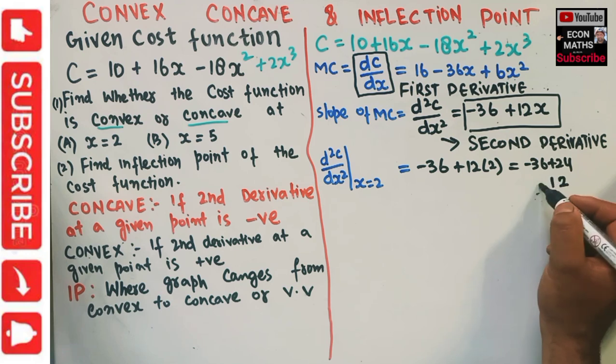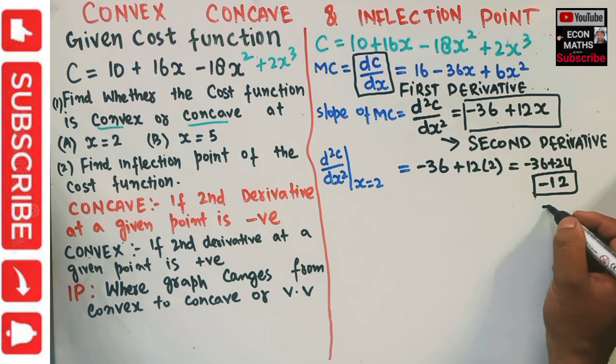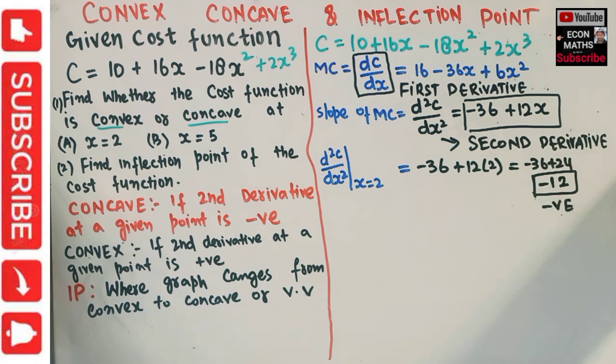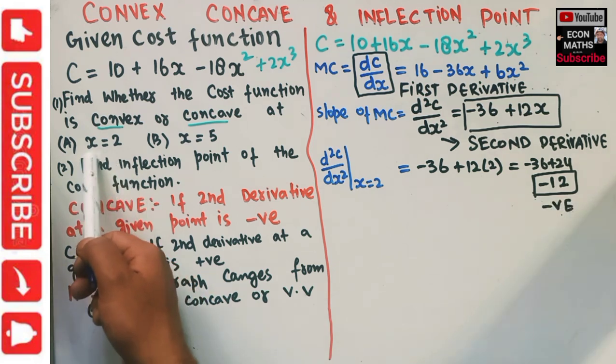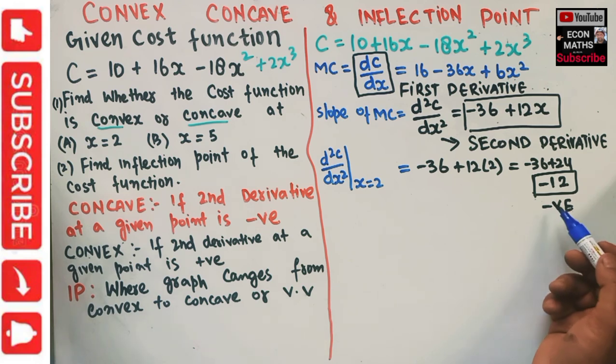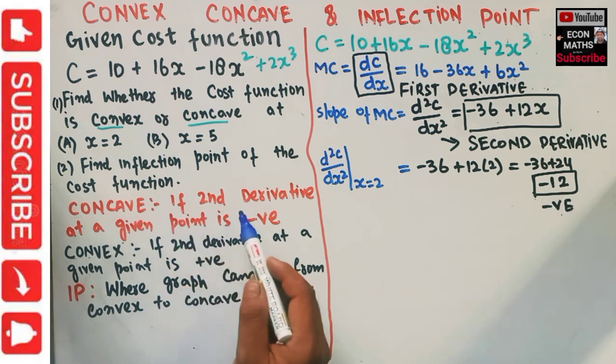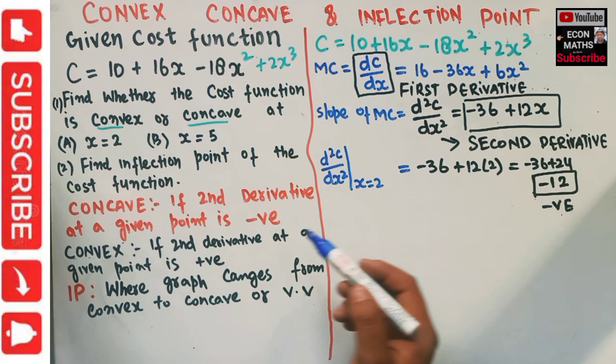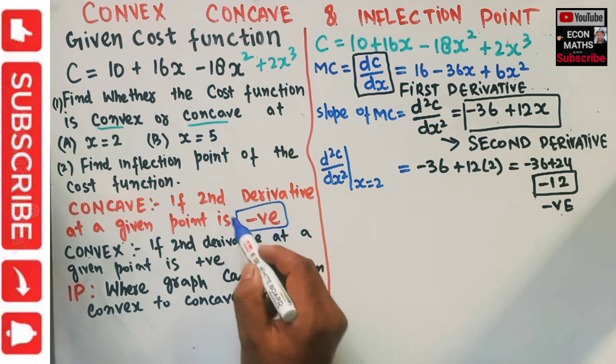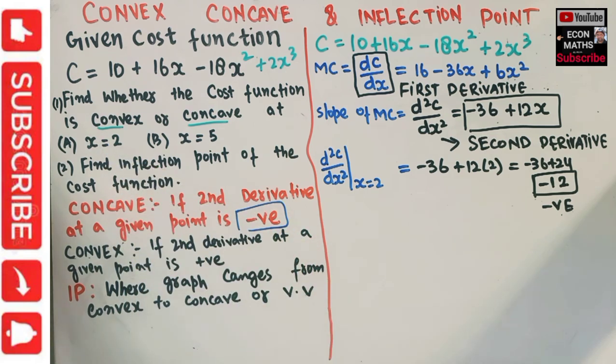So this is minus 12, which is negative. So we have seen at x is equal to 2, the function is concave. Why? Because the second derivative at x is equal to 2 is negative. So the first point denotes the point where the function is concave.